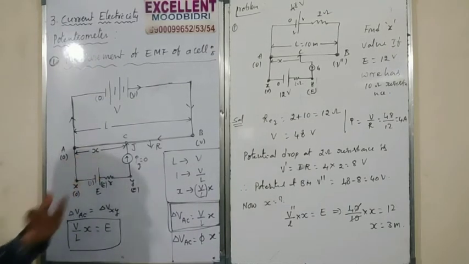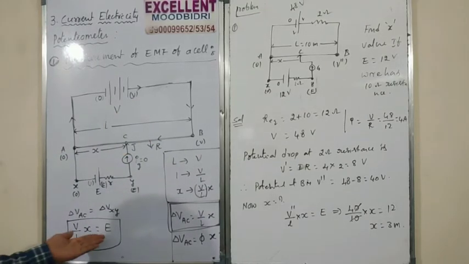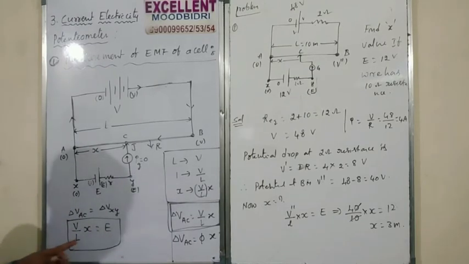We know the x value. V is the battery voltage, and L is the length of the wire in the potentiometer. So we can easily find the E value. That's it. This is the very, very important formula: E is equal to V by L into x.